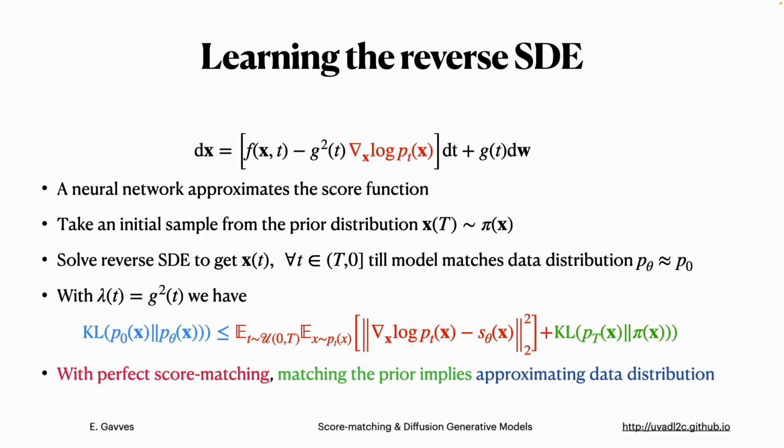We try to minimize the usual score function type of objective, and we have this KL term which compares our learned prior with the true prior. If we have perfect score matching, and if we can match the prior, we approximate the data distribution.